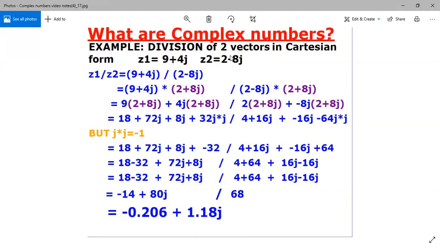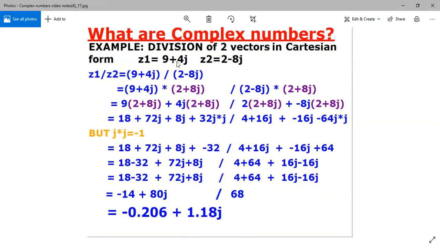What we're doing here is multiplying the numerator and the denominator by the same number, so it does not change the ratio. Why do we want to do that? We want a real number on the denominator so that we can solve it.